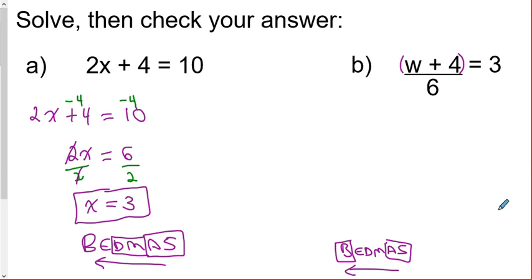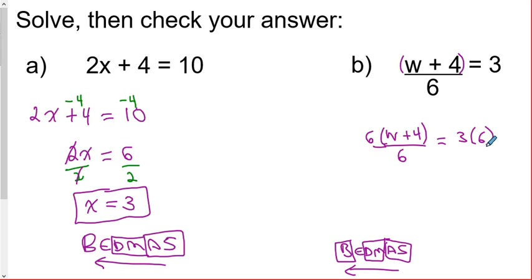So here we go. We can't undo adding and subtracting because it's locked up in those brackets. So we're going to need to move right to dividing and multiplying, our next one. Let's undo this division by 6. How do we do that? Well, we've got to multiply both sides by 6. So I'm going to multiply this side by 6, and I'm also going to multiply this side by 6.